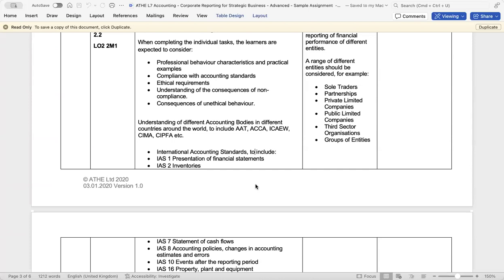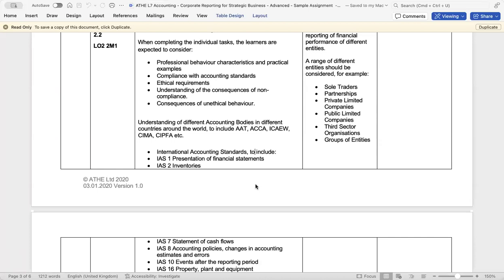Objectivity: accountants should not allow conflict of interest or undue influence to override their professional judgment. Objectivity ensures that financial statements are fair and impartial.